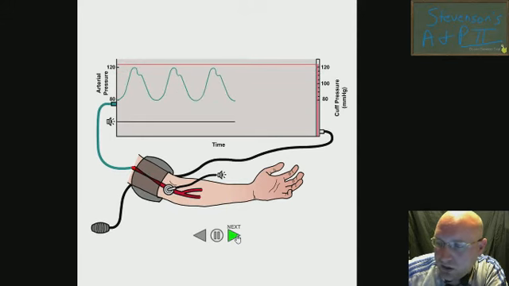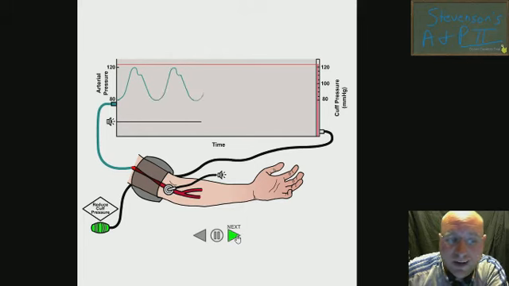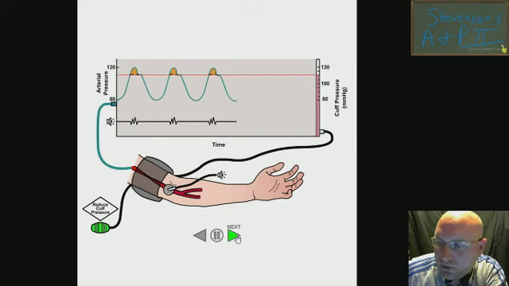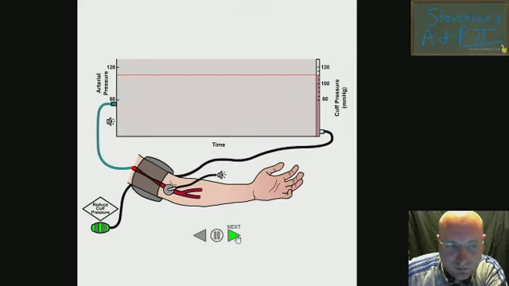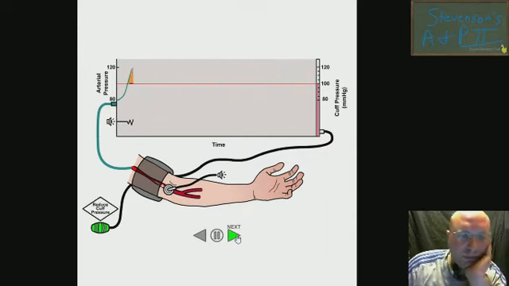If you do not hear the sound until you reach 120 on the cuff, that is your systolic. Keep listening. Still hearing it at this point.